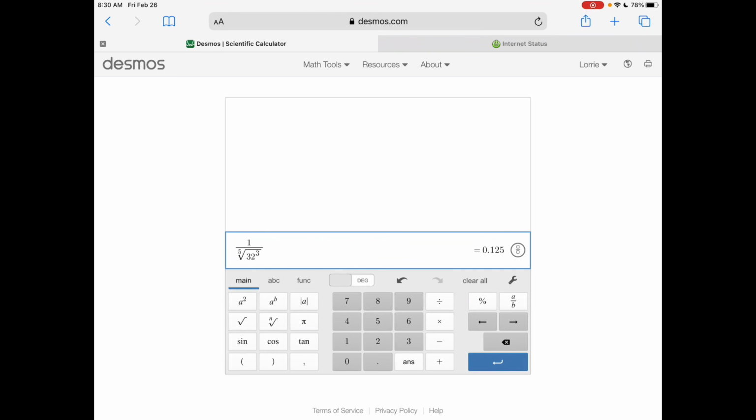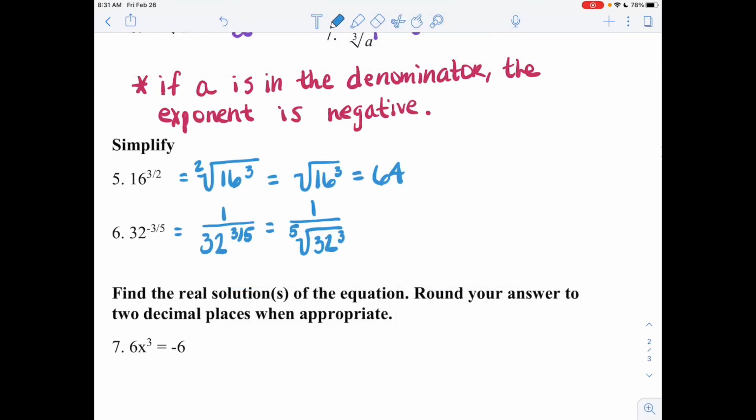We don't want to do decimals, we want to do the more precise fraction. So just simply hit the fraction key right next to that decimal, and it'll change it to the fraction of 1/8, and that will be our final answer. All right, back over here in our notes, we see that we can simplify this significantly and have a final answer of 1/8 as we were given in Desmos.